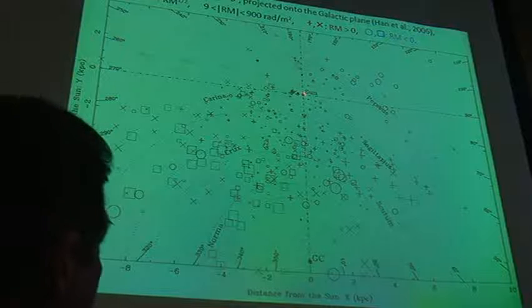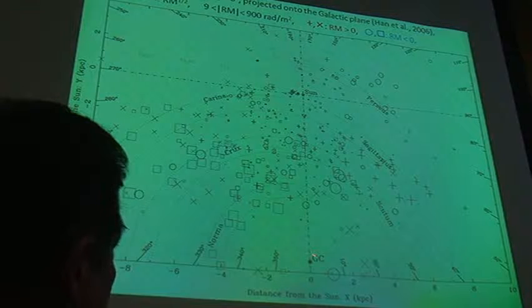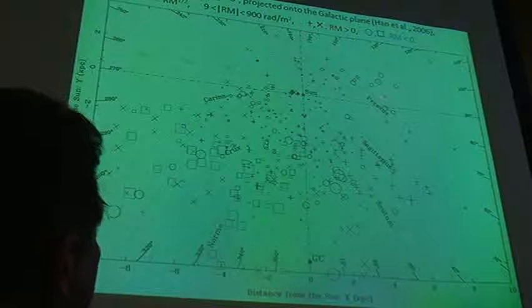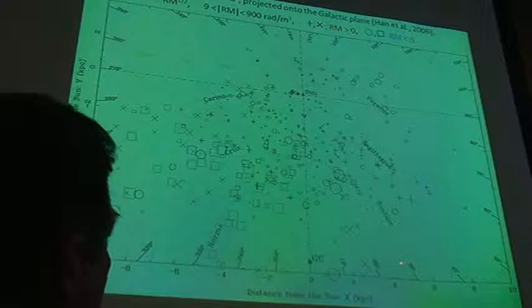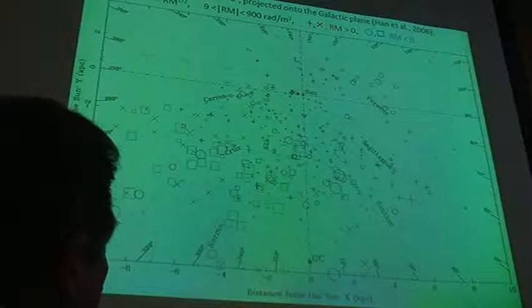So the Sun is here. This is the galactic center, and these dashed lines show the structure of the spiral arms of the Milky Way. Here is the Sun.